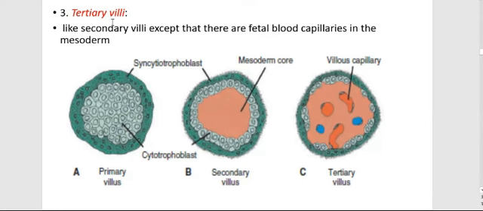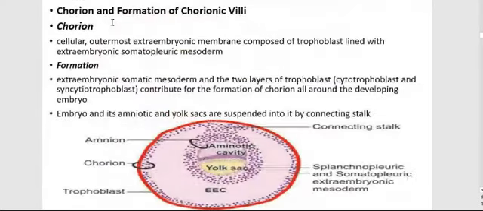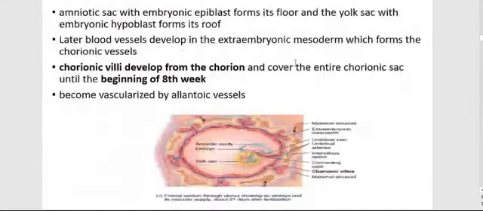So these are just projections. I think I have a picture here. Yes, this one. As you can see, these are the villi which have developed. These are the chorionic villi, and you can see they are extending into the decidua.